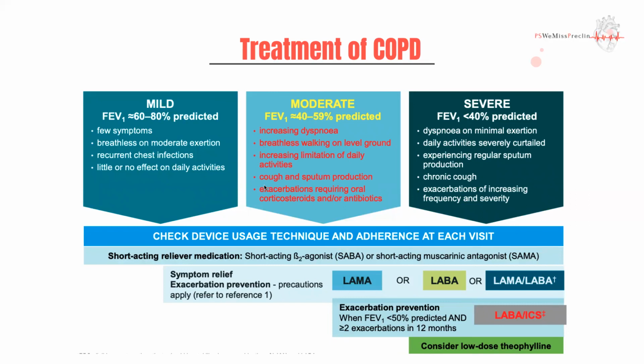And here's another graphic just representing the same thing, again, combining the GOLD classification with some of the other things that we should look for. Across the board, you should check for device adherence and use technique, making sure that they're taking the medications at the right time with the right technique, because if they aren't, everything else you do is going to be completely useless.